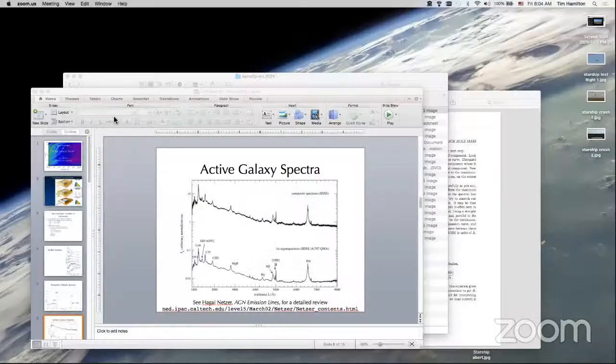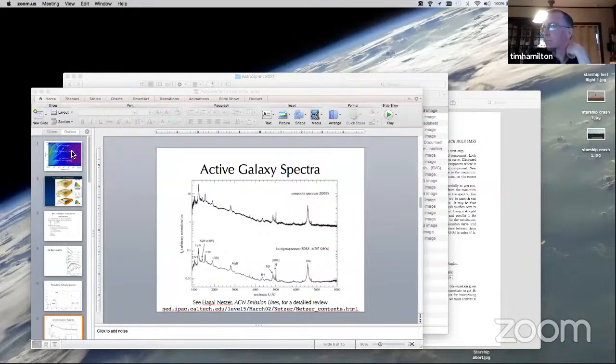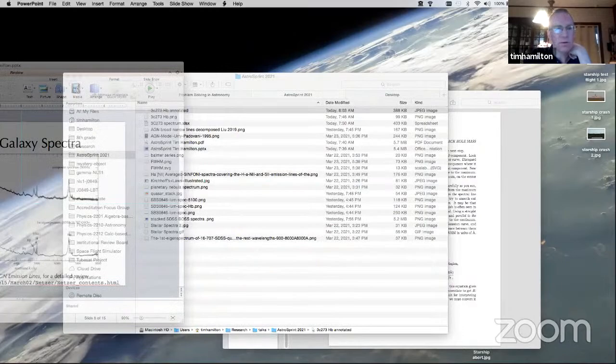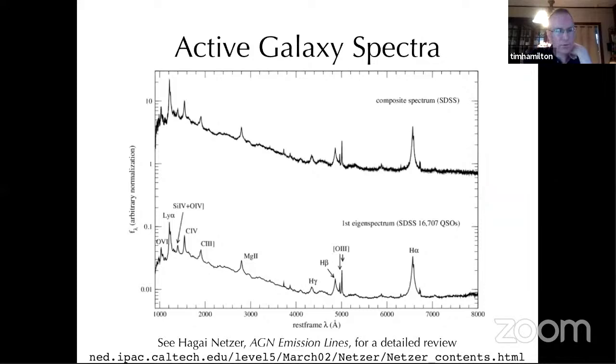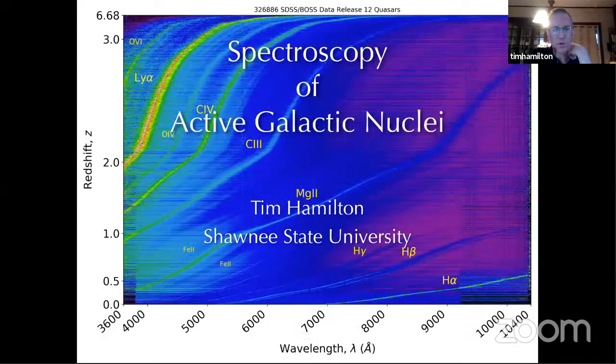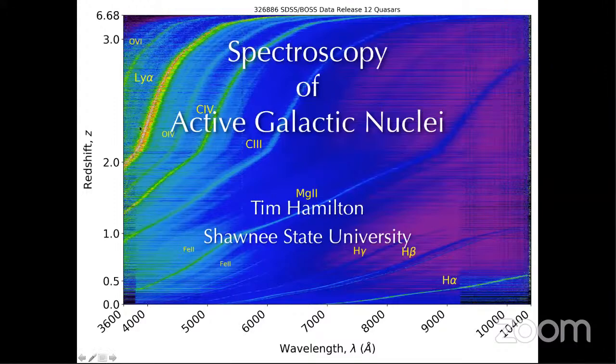You open your PPT, or you can share your desktop or your screen. I've got two monitors here, which should make it easy. All right, so we can already see your PPT. Now, is the title page coming up there? Yes, now we see your PPT, spectroscopy of AGN, right? Yes.